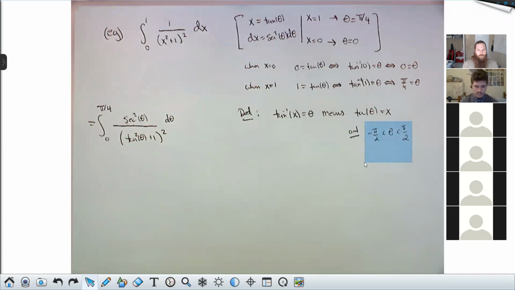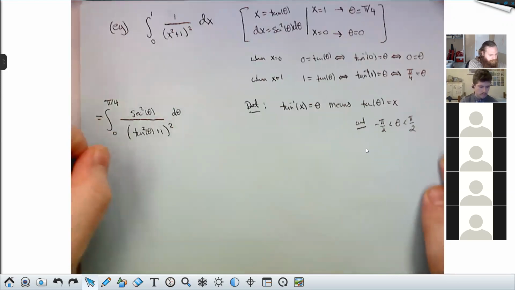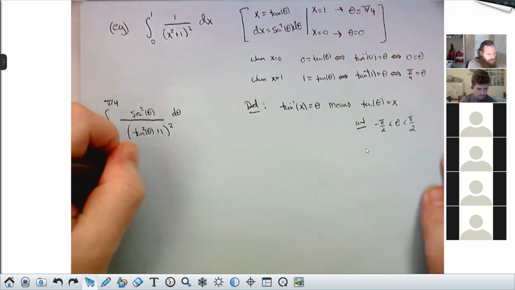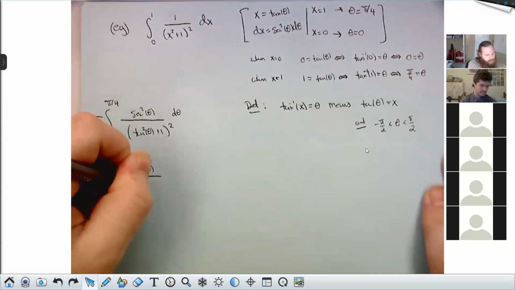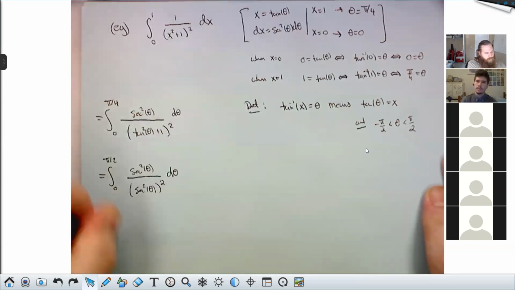This built-in domain restriction makes that kind of unpretty. So if I simplify here, tan squared plus 1 is secant squared. So I have secant squared theta over secant squared theta squared d theta, which is secant squared over secant to the 4th.